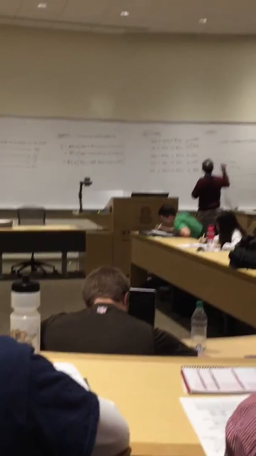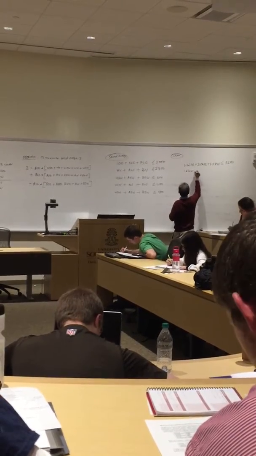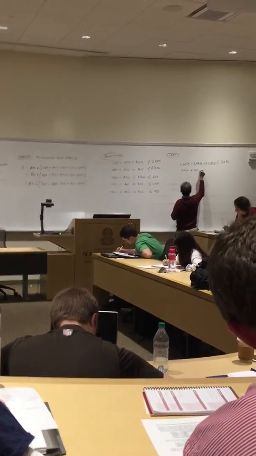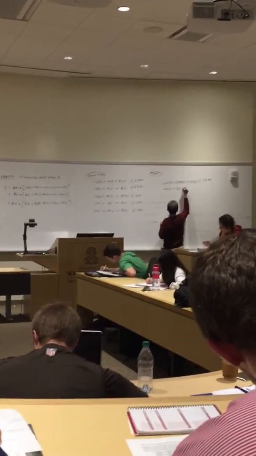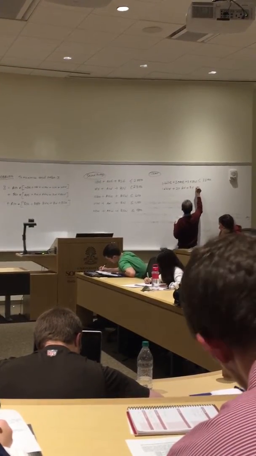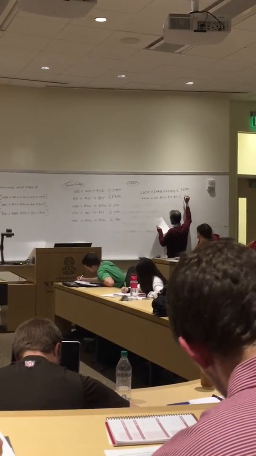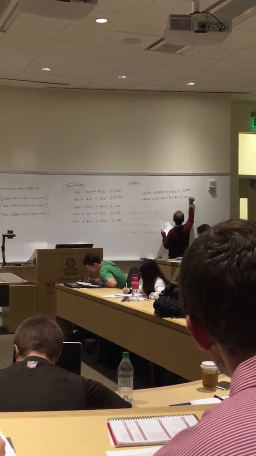So likewise, it's going to be 1.6 times WN plus 2.9 times AN plus 3.5 times BN less than or equal to 3,400.